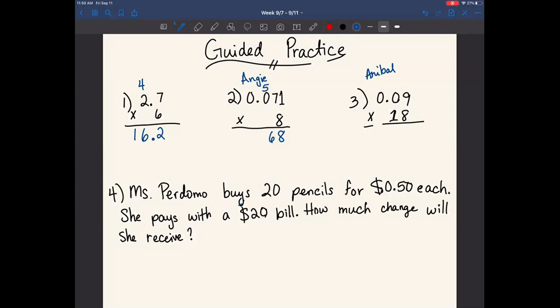All right, next step. 8 times 0, which is 0. But then what do I have to do? Add a 5. So I have 8 times 0, but then I have what's above it? The 5. So I have to add 5. So what is it going to be?